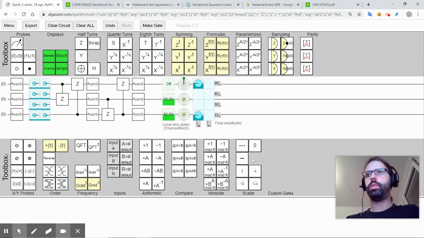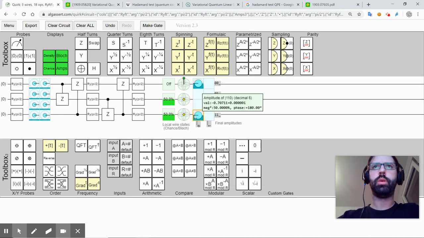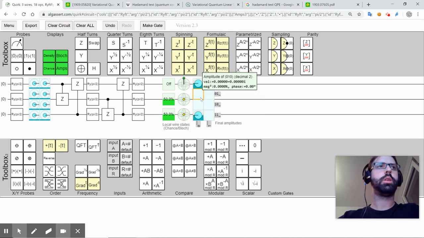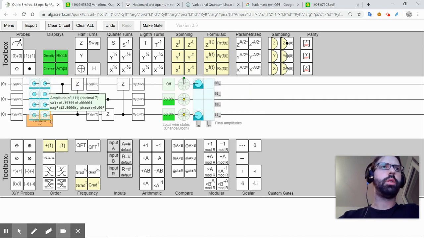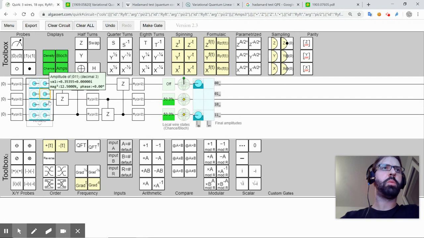Okay, interesting. So this is giving us a particular superposition. So this is 110. Okay, interesting. So this kind of creates the equal superposition, so that's like all Hadamards.